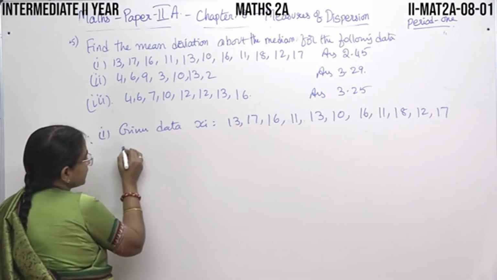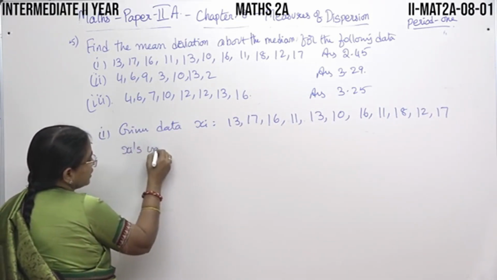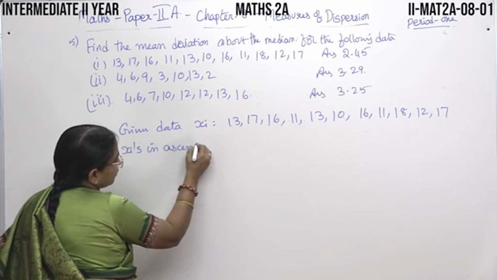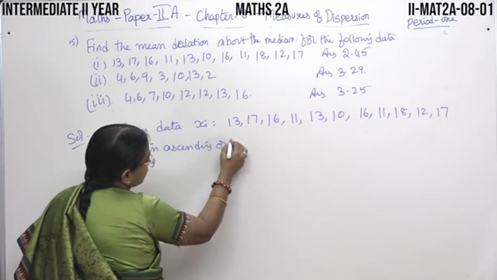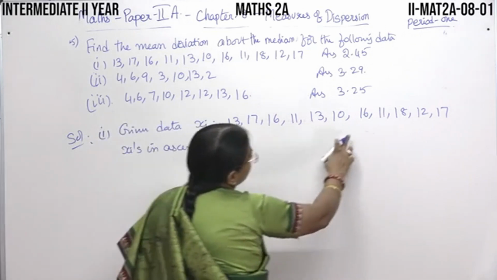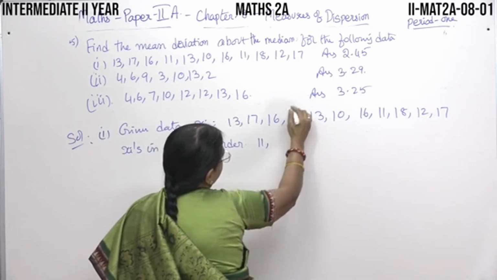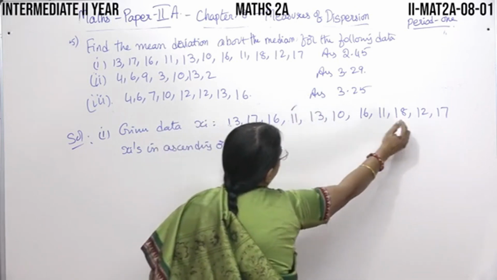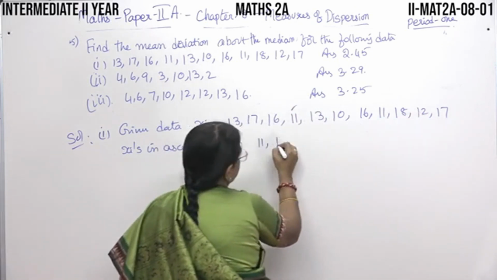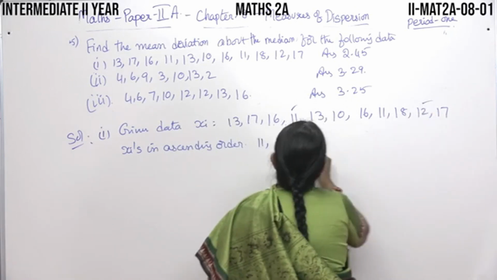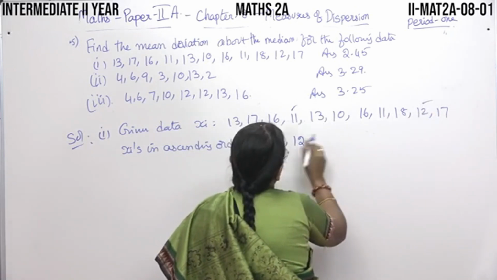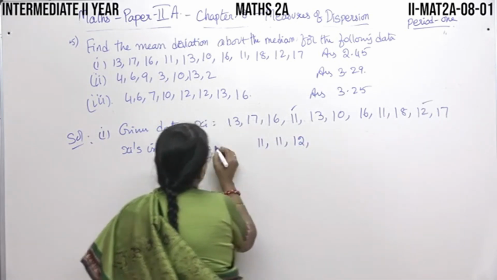So, the xi's in ascending order. What is ascending order? The least one is 11, no, first you have 10.